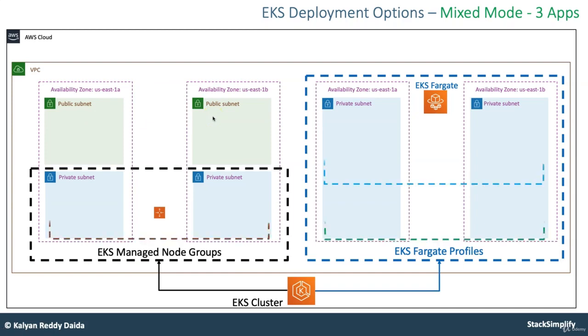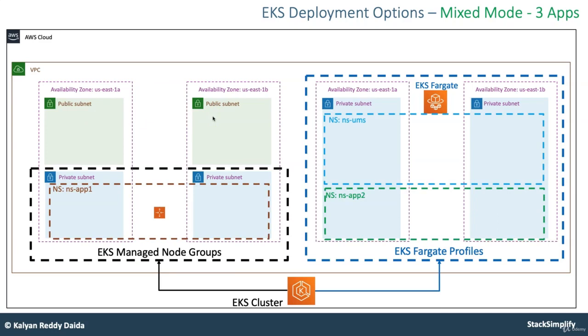Now, whenever we bring Fargate into the picture, the organization of apps is going to be with namespaces, right? For the EKS managed node group, whatever application app1 we are going to deploy, we have created a namespace NS app1.